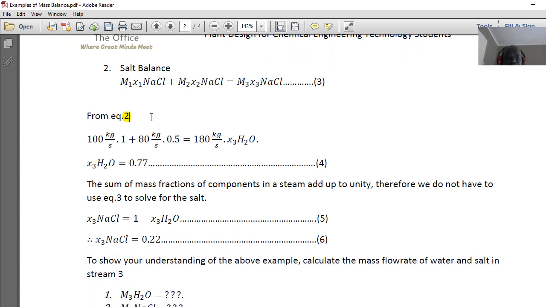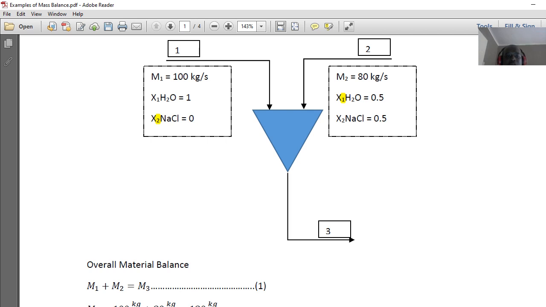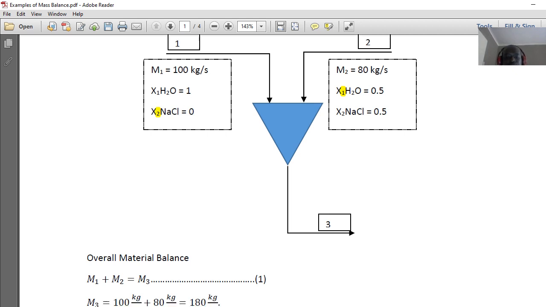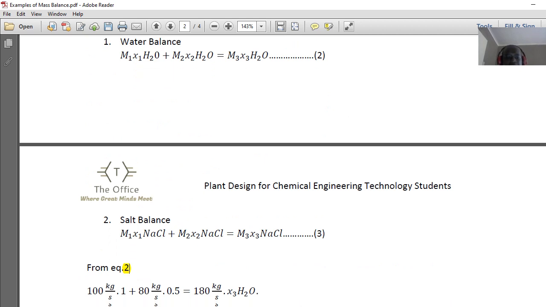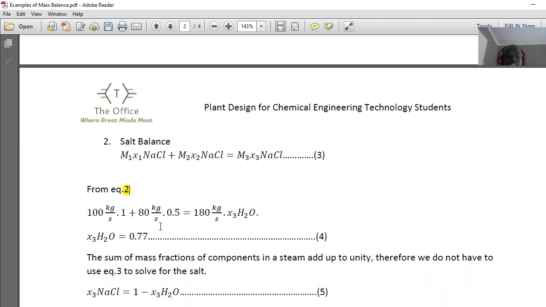So what you'll then get is that if you use equation 1, the water balance, then 100 kg per second times 1. Where does the 1 come from? Let's go back to our initial drawing there. You'll see that your composition of water in stream 1 is 1. It's unity. So that's multiplied by 1 plus 80 kg times 0.5, because the total mass of stream 2 is 80 kg per second, and then you multiply by the water content, which is 0.5, right?